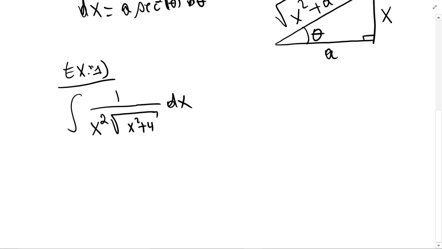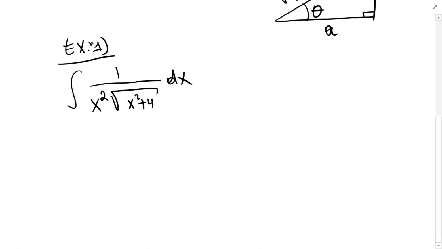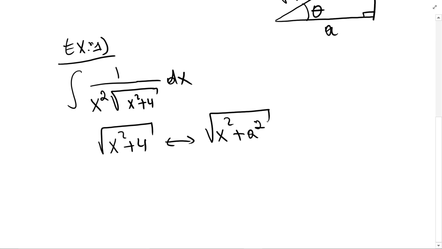For this problem, if we compare with case 2, x squared plus 4 under the square root is consistent with x squared plus a squared under the square root. So when we compare these two expressions, we can let a squared equal 4. That makes a equal to 2.